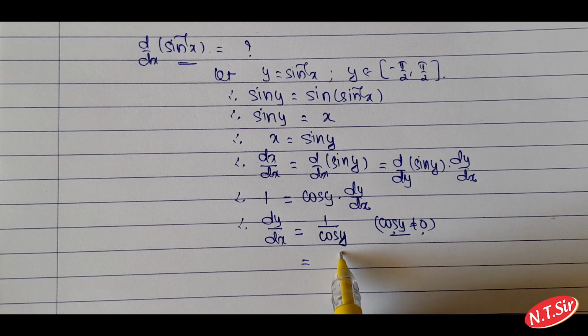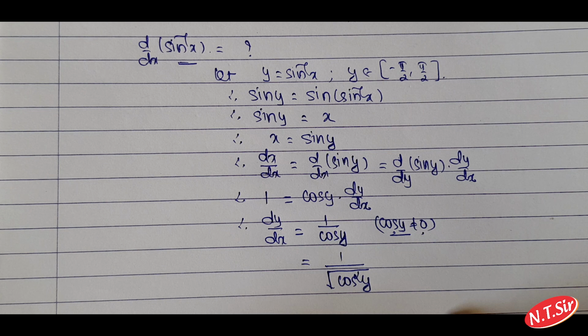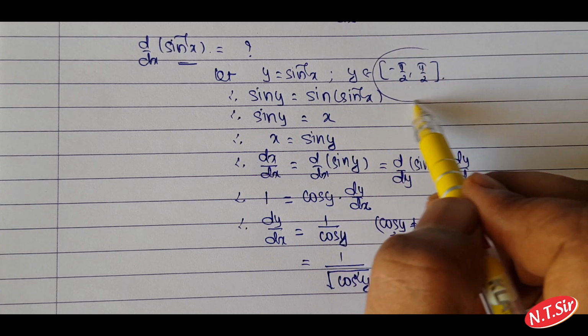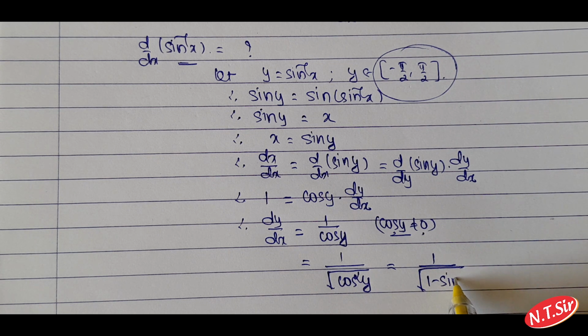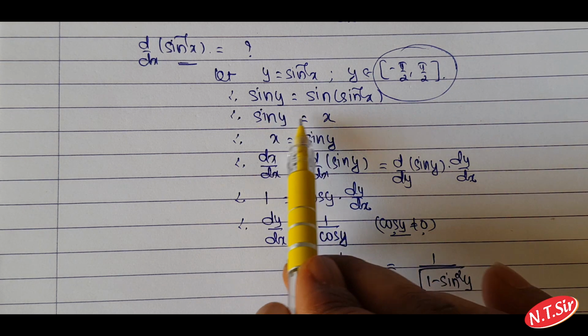Now can I write 1 upon, instead of cos y, under root cos square y? Because the square root of cos square y is positive, as y belongs to minus pi by 2 to plus pi by 2, the first and fourth quadrants, where cos is always positive. So this is under root 1 minus sin square y, and sin y is x.